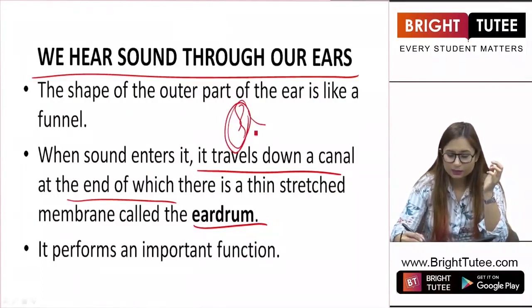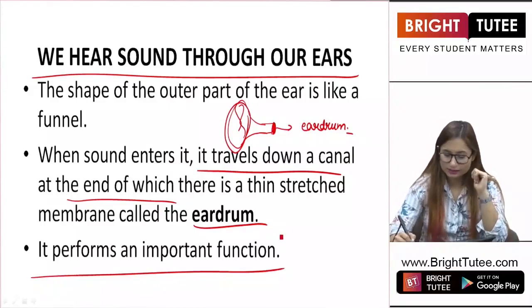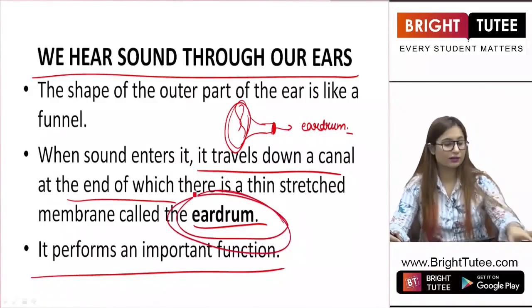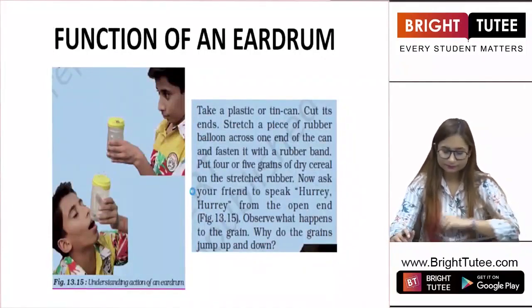Then there is a canal going in, and at the end of it there is a stretched membrane. This membrane is the eardrum, right? It performs a very, very important function. Let us see the function of an eardrum, right?